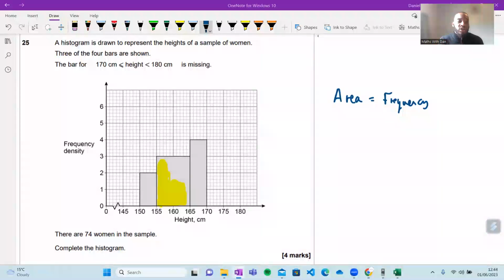Now, if anybody's got an answer, please let me know. Just tell me what you drew on your bar, what the width is, what the height is, and so on. Anyway, let's go through it together.